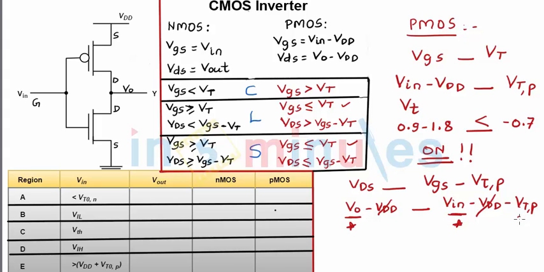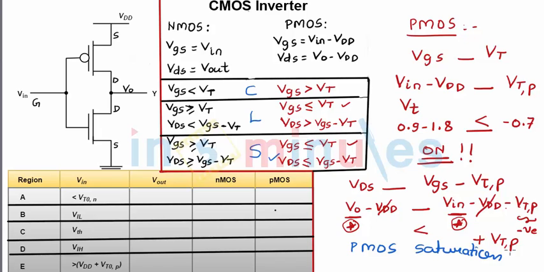But remember, VTP is a negative value, so this negative and this negative makes it plus. So this is plus VTP. So it's a clear case that this is just a value, and this is this value plus some value, so it's going to be a less than sign, which very clearly from the table, we can say that my PMOS transistor is also operating in saturation region.